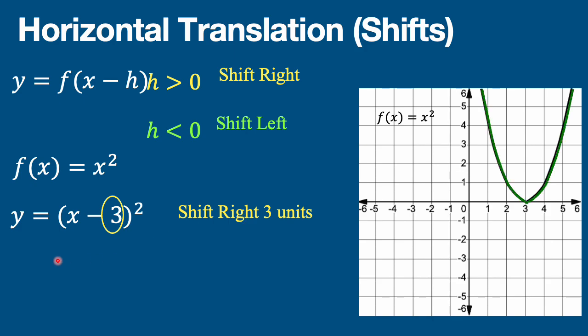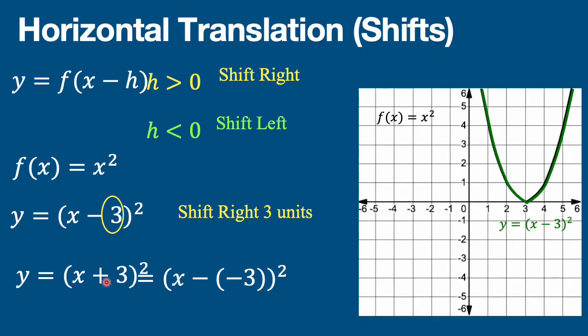Another example here, guys. So y equals (x plus 3) squared. You see here negative, here is positive. Inside is positive, which means the h value is negative. So shift to the left.